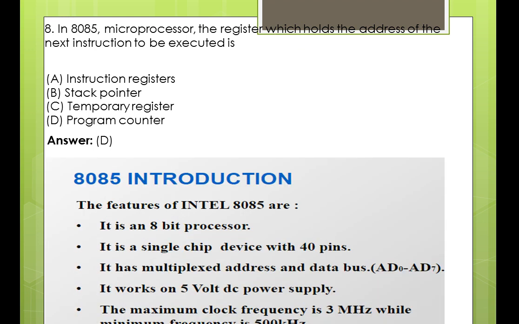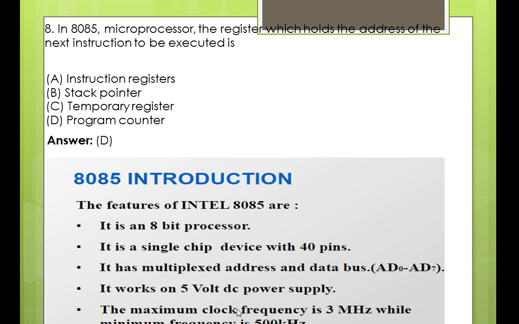Here are some features of the 8085 microprocessor. The 8085 microprocessor is an 8-bit processor. It is a single chip device with 40 pins. It has a multiplexed address and data bus from AD0 to AD7. It works on a 5 volt DC power supply.